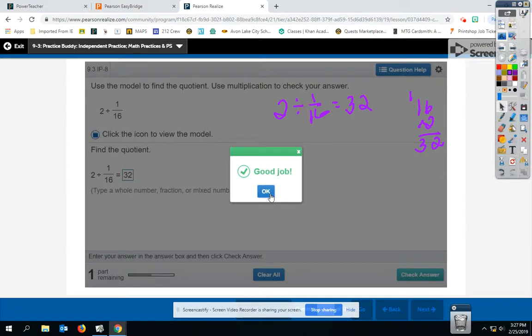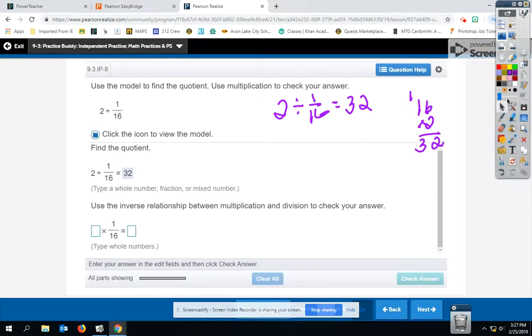And I get a good job. If you recall from the video lesson, and the song that I played yesterday, that Keep Change Flip song, that's an easy mnemonic tool that I use to help us remember how to divide by a fraction. We keep the first number, we change the division sign, and we flip the fraction over.